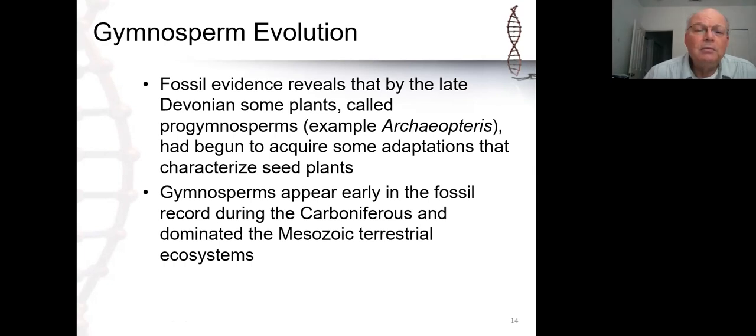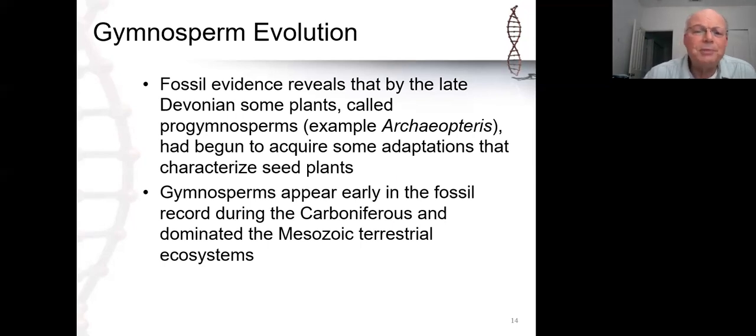That being said, some gymnosperms have clear evidence throughout the period, particularly of the Jurassic, in the form of the cycads and the conifers. These are the plants that really form the basis for herbivorous dinosaurs.